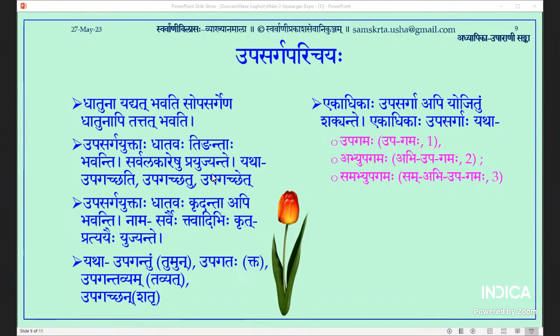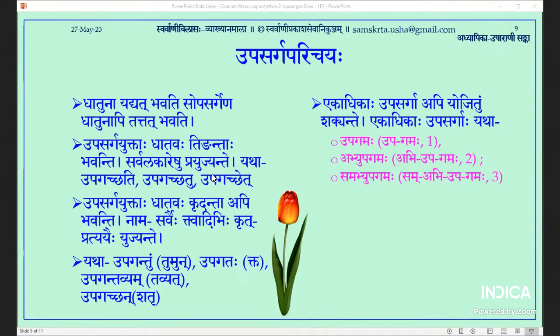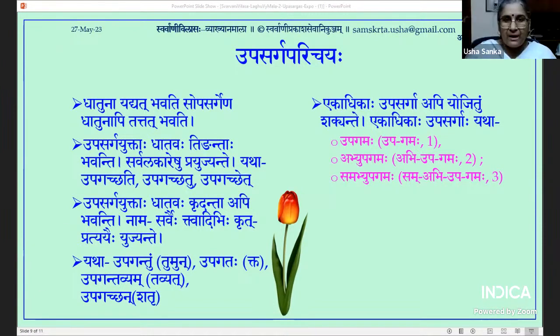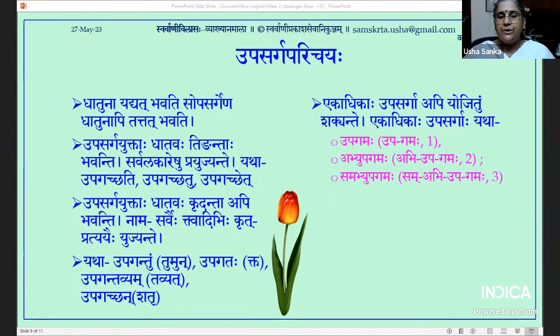So there are two upasargas. Samabhyupagamaha. Sam, abhi and upa, all 3 are upasargas and gam is the verb. Right. Okay. So do you see that? Sam, abhi, upa. So 3 upasargas.